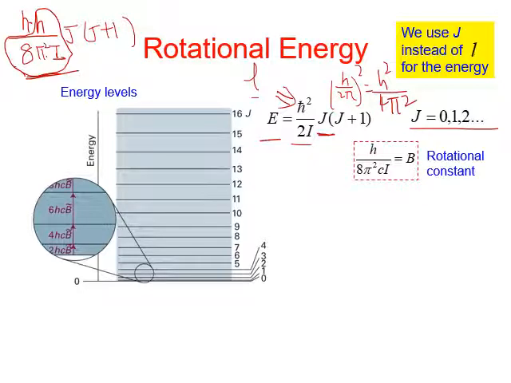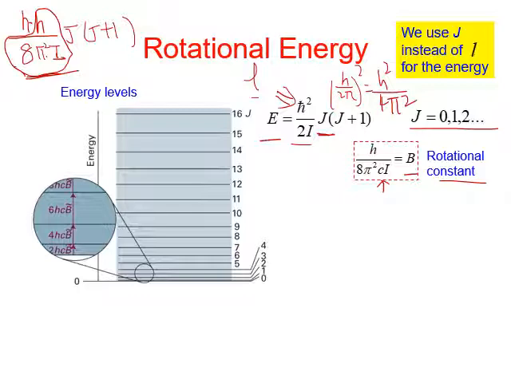So combine all the constants, but only one Planck constant, and divide by the speed of light, and give it a name B, called the rotational constant. The reason to do that is, one, to simplify this equation, and also you will see more clearly later when we calculate the frequency of light, it becomes much simpler.